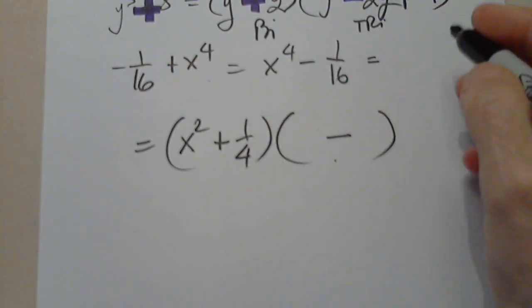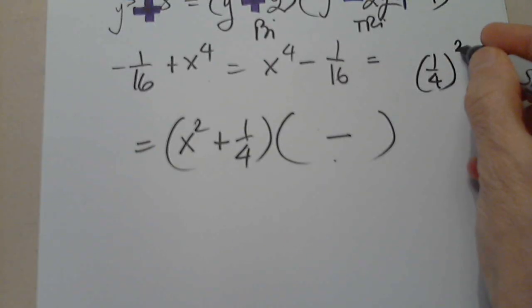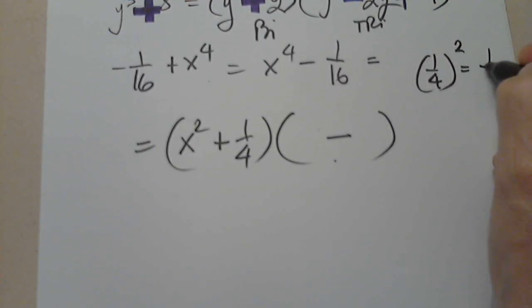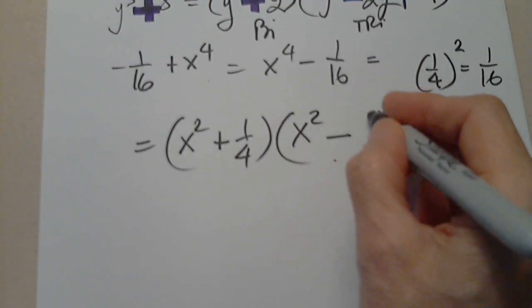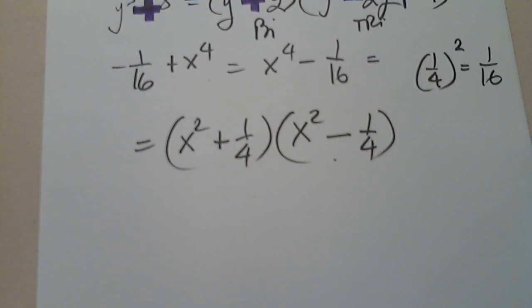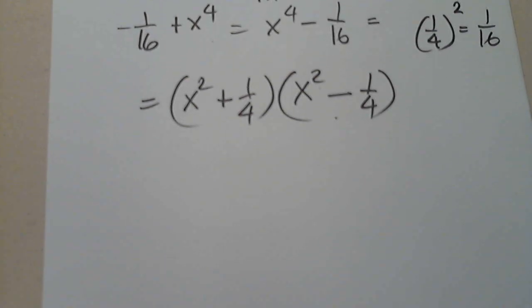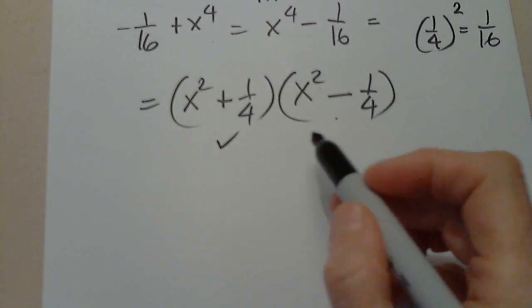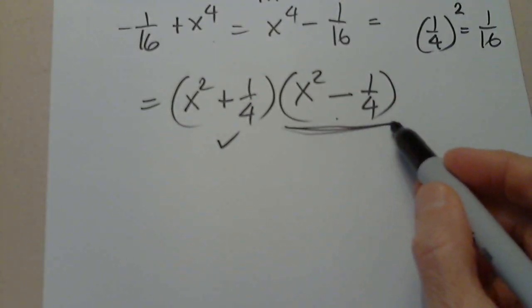Indeed. How come? Because 1/4 squared, 1 squared is 1, 4 squared is 16. Excellent. And these are exact terms. The difference is the sign. Excellent. Thank you. Perfect.